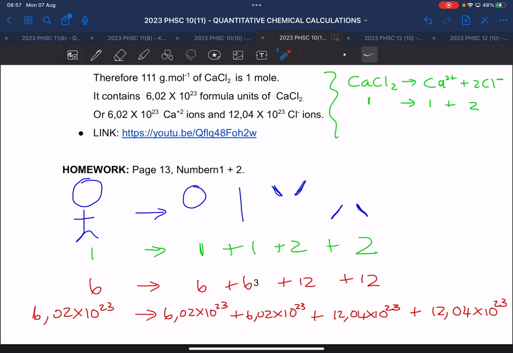So if I have 1 calcium chloride molecule and it splits up into its ions, then I'm going to have 1 calcium ion and 2 chlorine ions. Nee? Okay? Of as ek sê ek het 6,02 maal 10 to die mag 23 molekules, then I'm going to have 6,02 times 10 to the power 23 calcium ions, cations, en ek gaan hê 12,04 maal 10 to die mag 23 chloor ione.